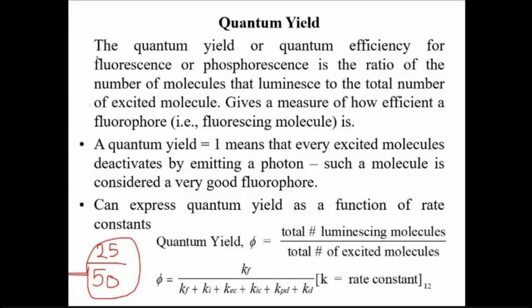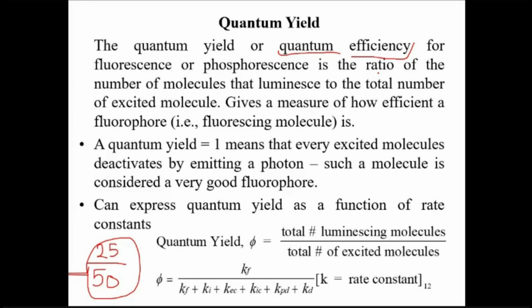Let us see the description of it. The quantum yield or quantum efficiency, which is also called for fluorescence or phosphorescence, is the ratio of the number of molecules that luminesce to the total number of excited molecules. Please note that there is no consideration of how many molecules are present overall.